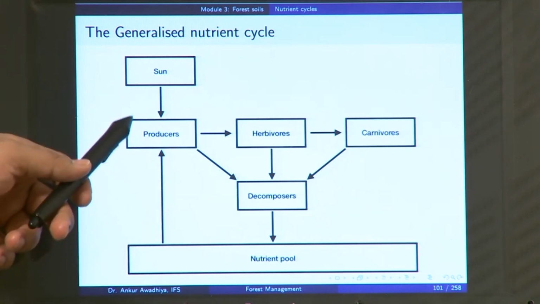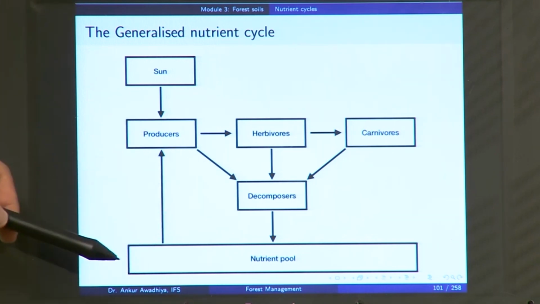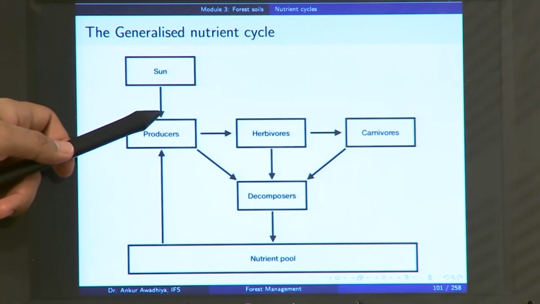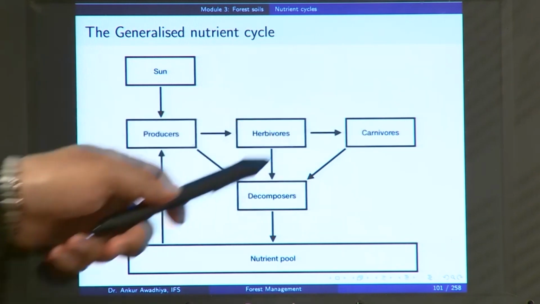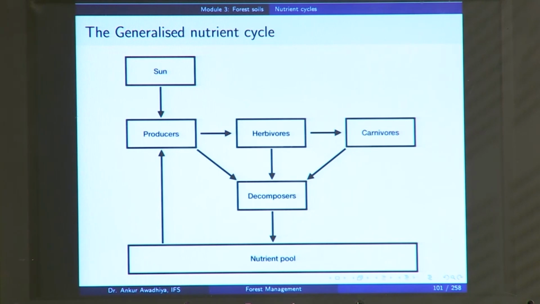So, the nutrients that were there in the bodies of the producers, the herbivores or the carnivores have now reached the bodies of the decomposers, and then these decomposers in turn break down the bodies and break down these nutrients and release them in a form that goes back into the nutrient pool.